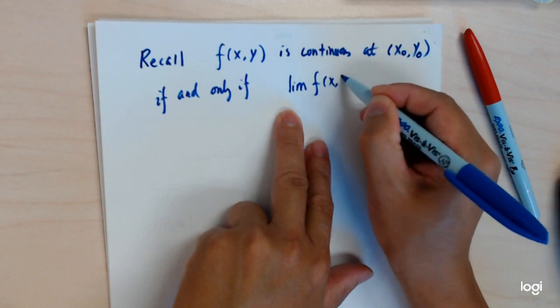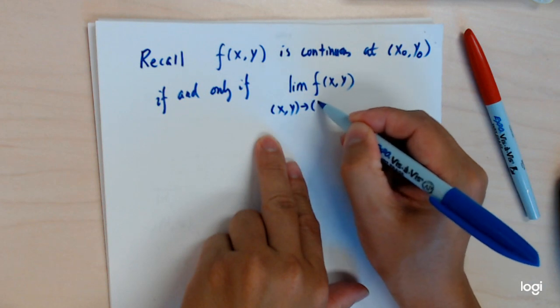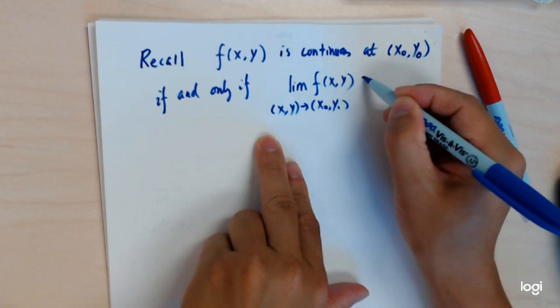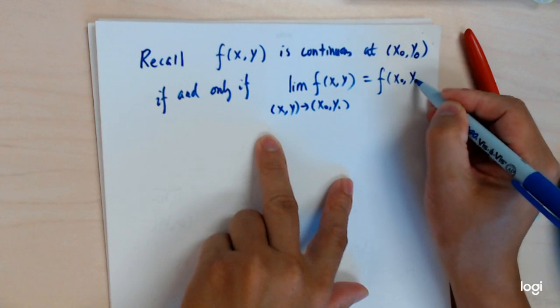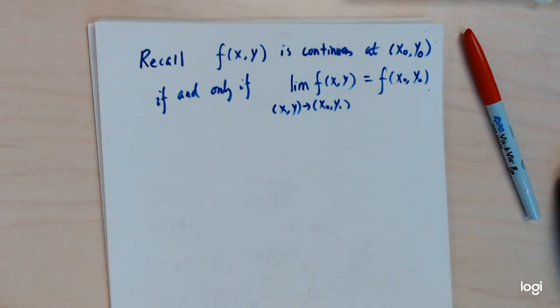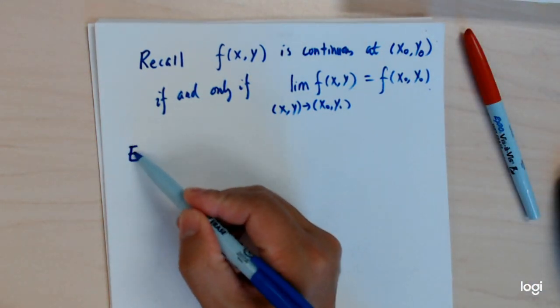It means the limit as xy approaches x naught y naught equals the function's value at that point. And notice this is identical to the continuity for a single variable function. So now I'll provide some similar examples.